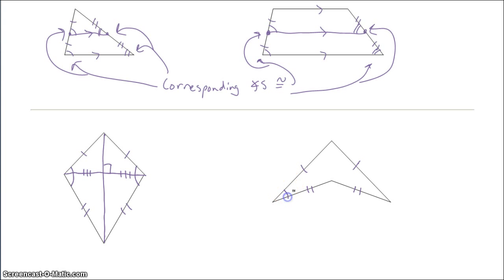We have one pair of opposite angles that are congruent, and you can tell here that this angle is definitely not congruent to this angle. And our diagonals also have the same properties. If we connect our diagonals, they're still perpendicular, and one of the diagonals is bisected.